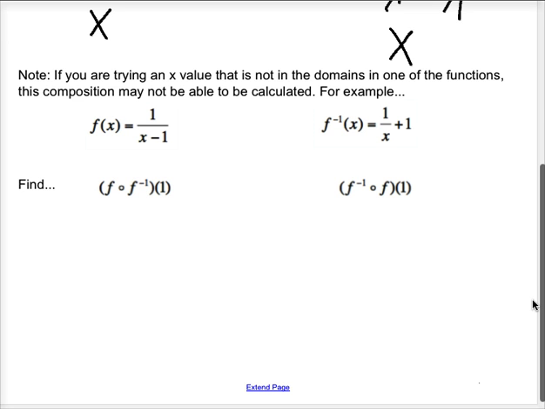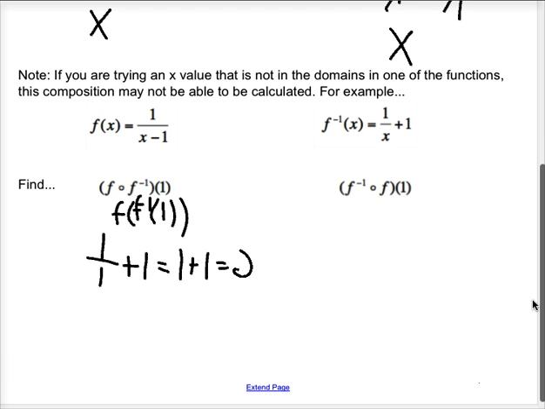So here, f, oh, that's a -1. So here, I'm plugging in 1 into the inverse function and then plugging it into the regular outer function. So plugging in 1 to the inverse, 1 plus 1 equals 2.